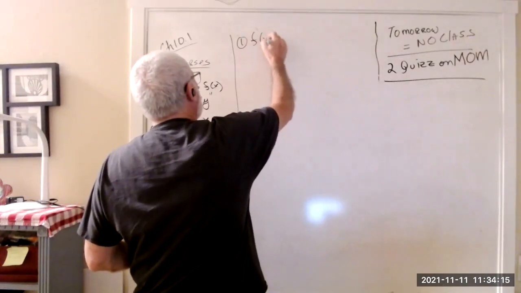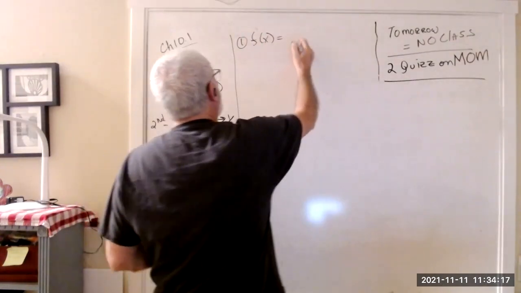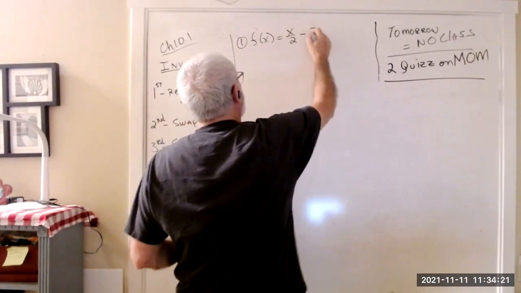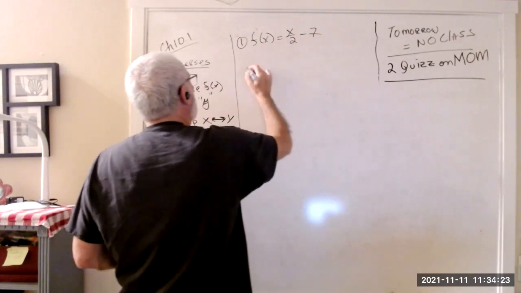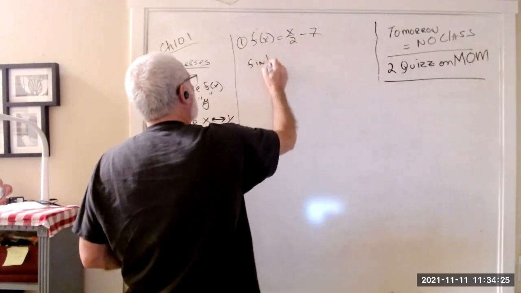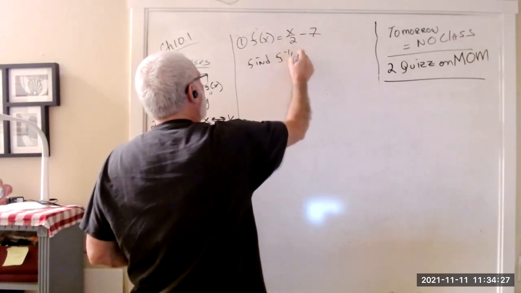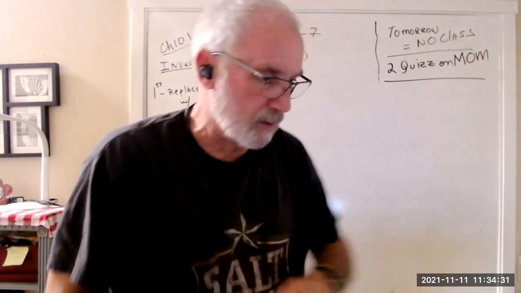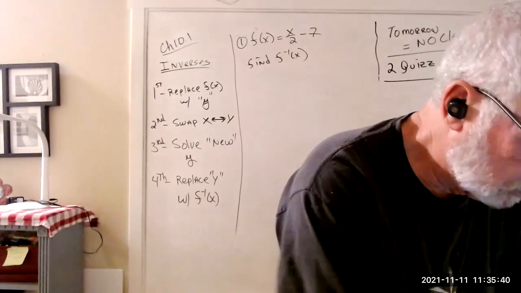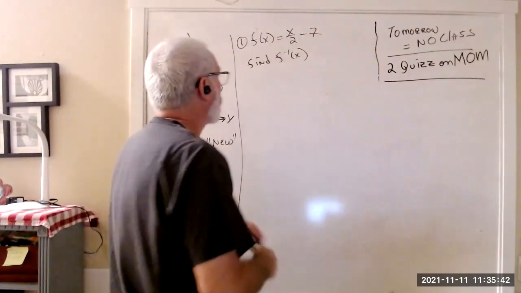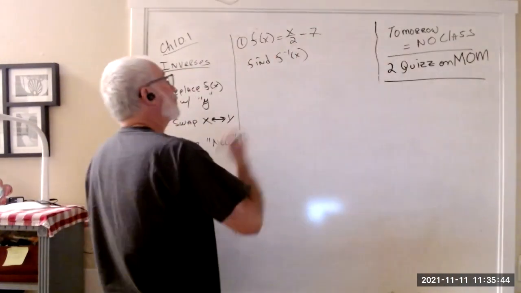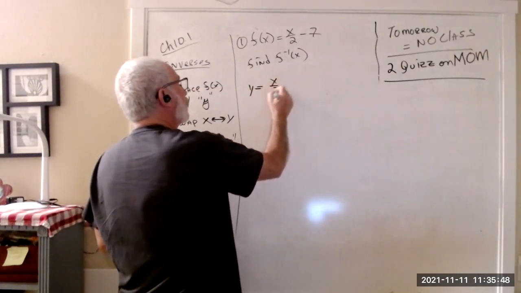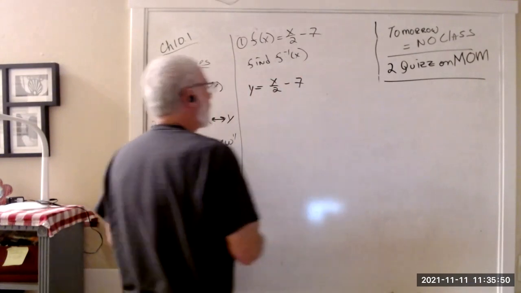Suppose I gave you f of x equals x over 2 minus 7. I want you to find f inverse of x. Okay, pause this. So we write it as y equals x over 2 minus 7.